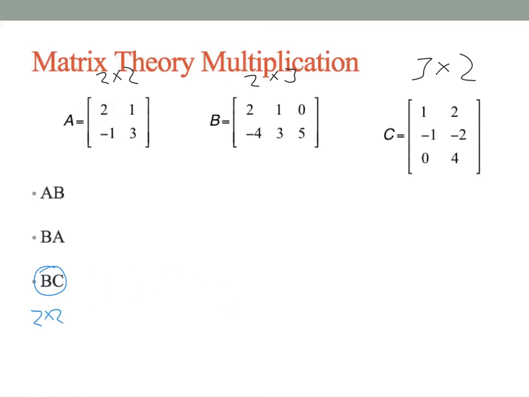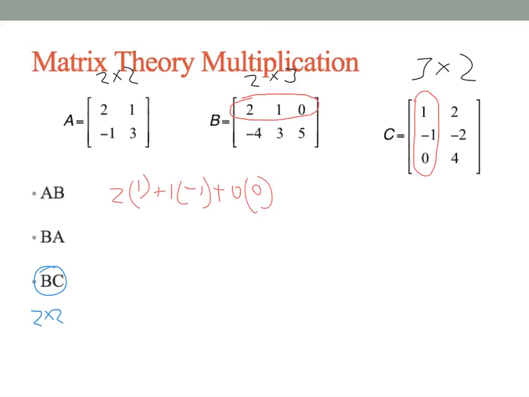So we're going to ignore A here and just look at B and C. So for the first part, on B, we're going to work with the horizontal, and then we're going to work vertically with C. So we're going to use the first row in B with the first column in C. So it's going to be 2 times 1 plus 1 times -1 plus 0 times 0.